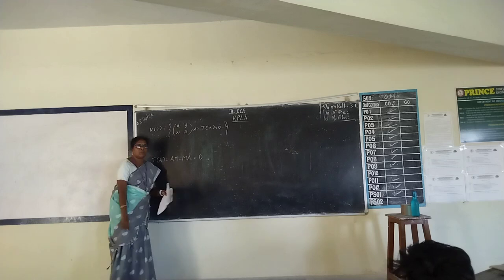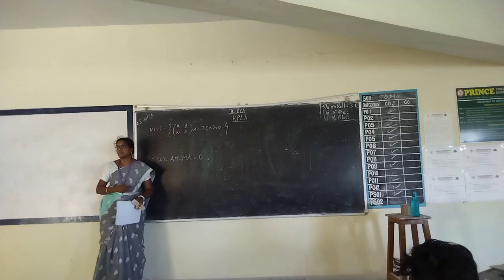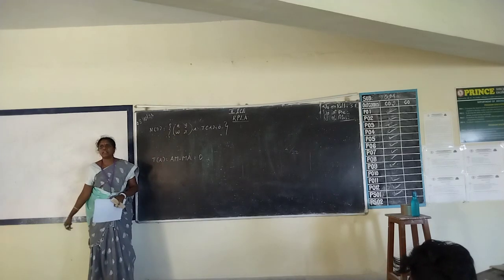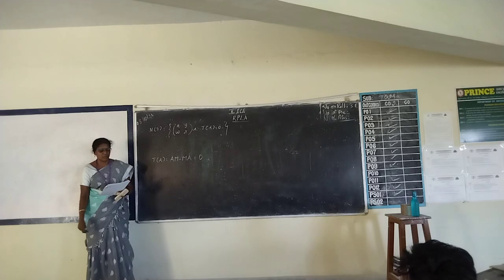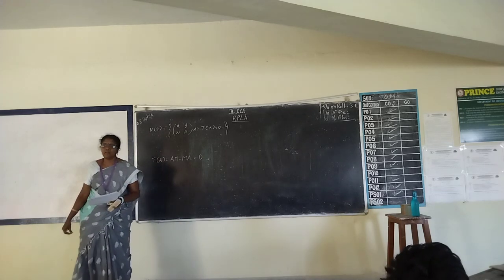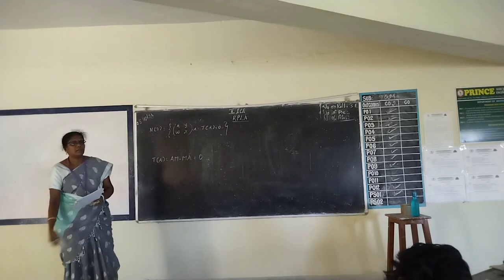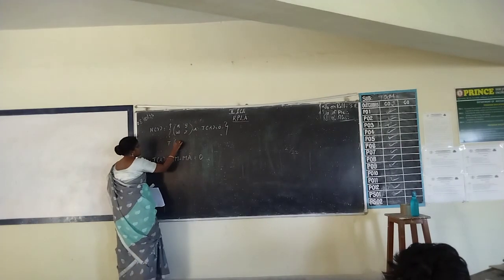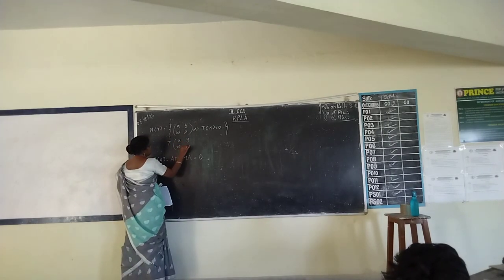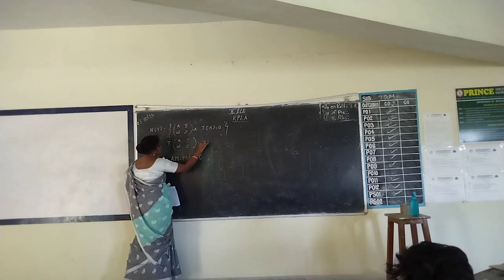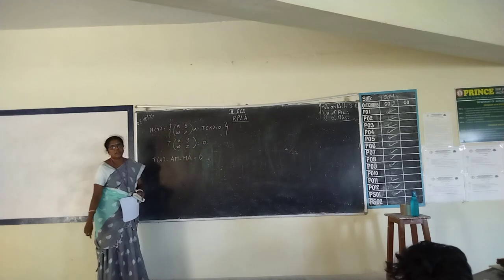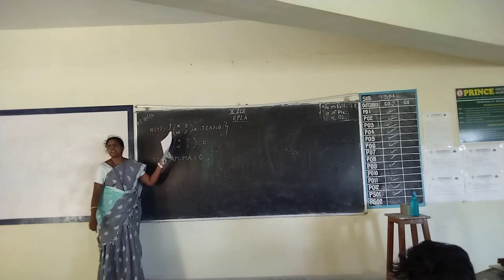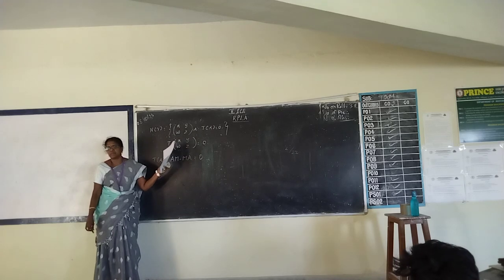A generalized matrix, such that T of A will be equal to 0. That is, the transformation of the matrix x, y, w, z should be equal to 0. That is the condition. We are assuming a generalized element for our null space.